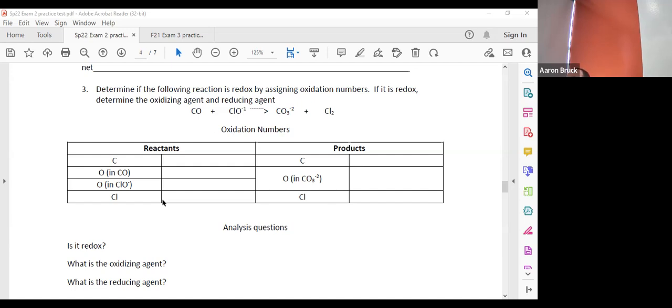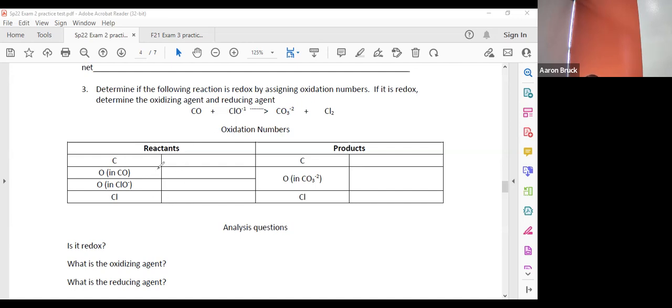It's going to be very similar in format to this kind of question. You'll be given a chemical equation. You assign numbers to each of the elements in the equation. You identify the oxidizing agent. For now, though, let's just look at this problem at hand.